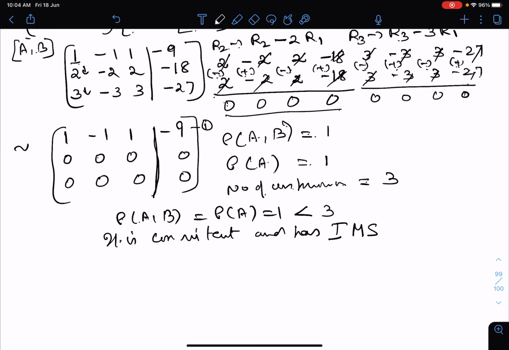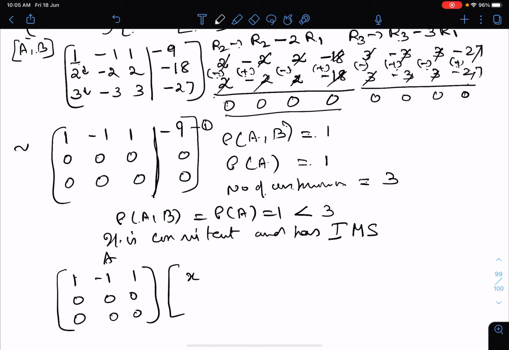So when you separate this, you will understand that 1, minus 1, 1, 0, 0, 0, 0, 0, 0 is going to be our A. This is our A, and our X is going to be the unknowns X, Y and Z, and our constants are going to be minus 9, 0 and 0.